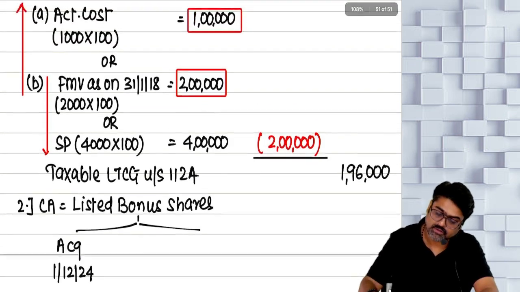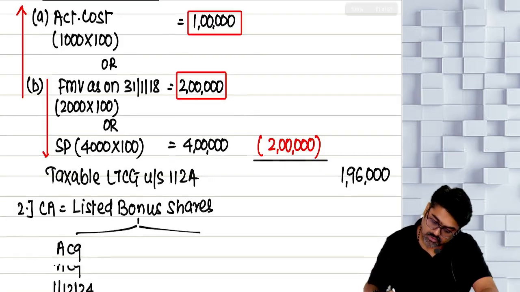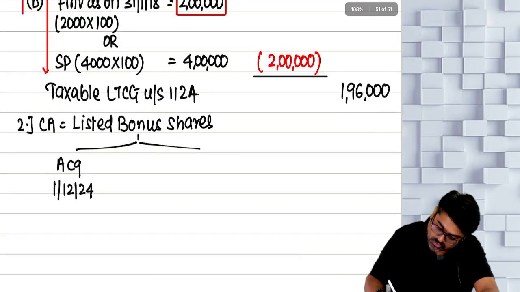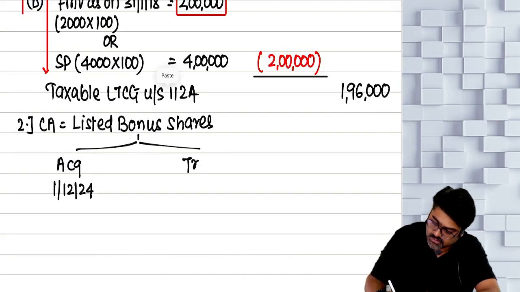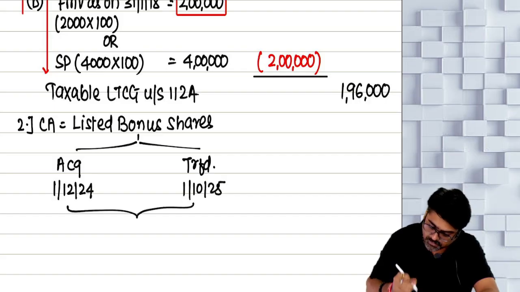And these bonus shares are sold on what date? Same date, no? So the date of transfer is 1st October 2025. So transferred means sold on 1st of October 2025. Tell me the period of holding.